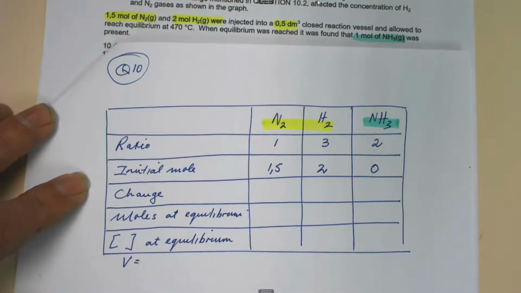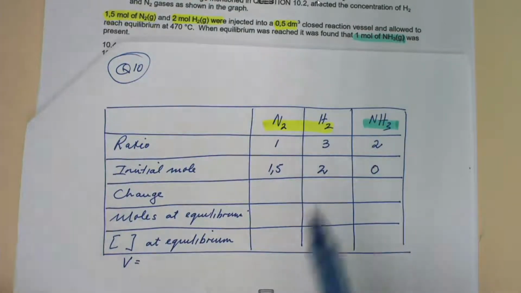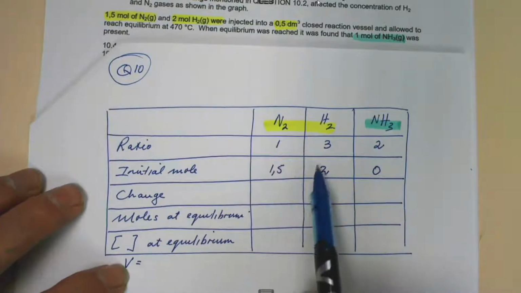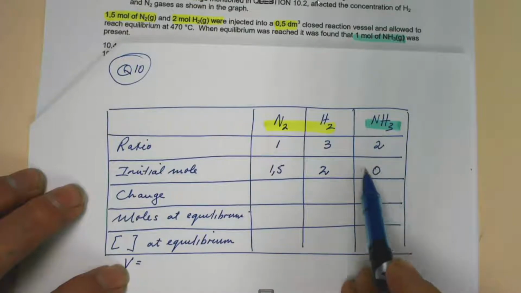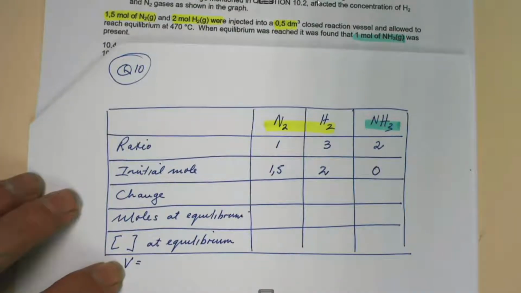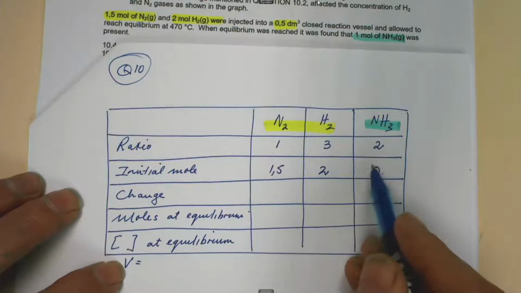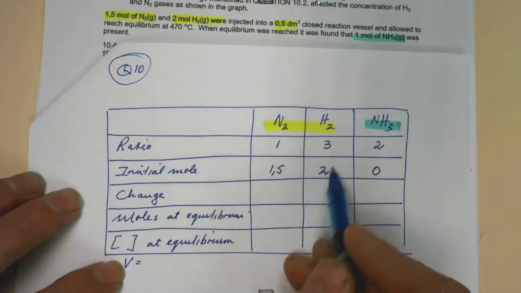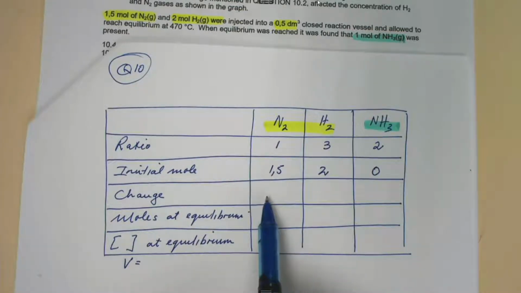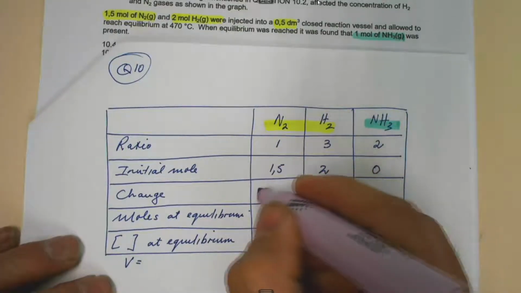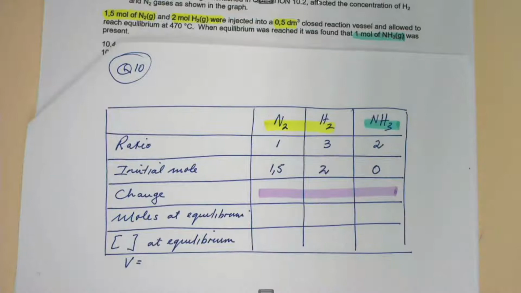So this is before equilibrium was reached. Now, some of these moles will be used up, and it will form NH3. So the number of moles of NH3 is going to increase, and the number of moles of these reactants is going to decrease. There's going to be a change, and this change is the key for me when I do Kc calculations using the table.